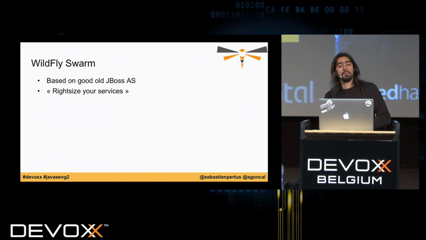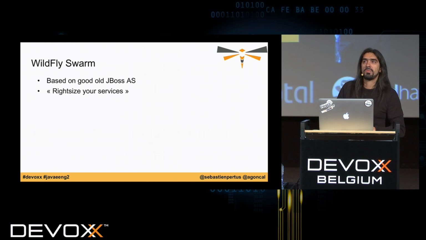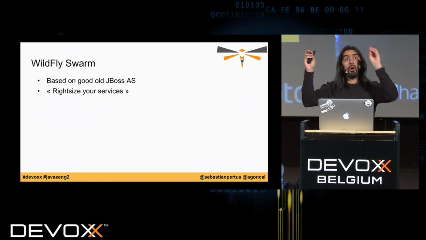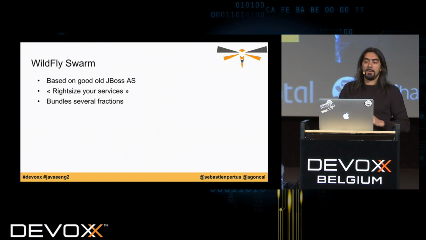The idea behind WildFly Swarm is to right-size your services. Java EE is 34 specifications. Today, you either implement all or none. So what about taking only the fractions? WildFly Swarm calls that fractions.